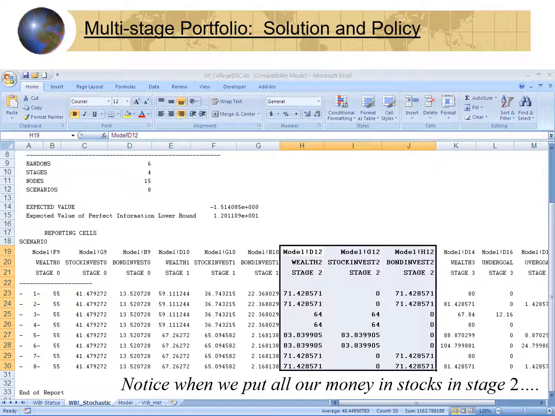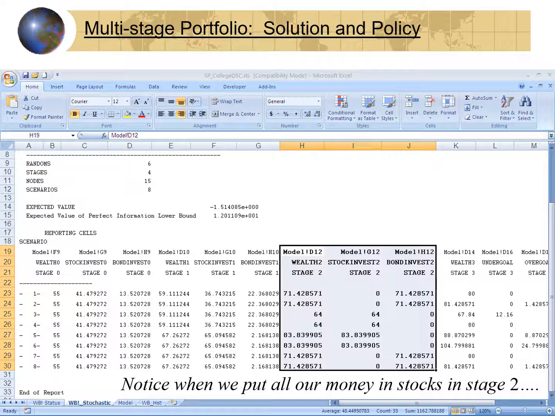And so here, for example, we can see that in stage 0, we decide that the optimal thing to do is to put 41.47 into stocks and put 13.52 into bonds. That's how we allocate the 55,000 that we start with. And notice that that allocation is the same regardless of the scenario, that it has to be that way.